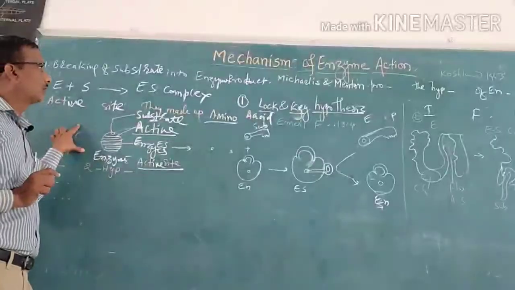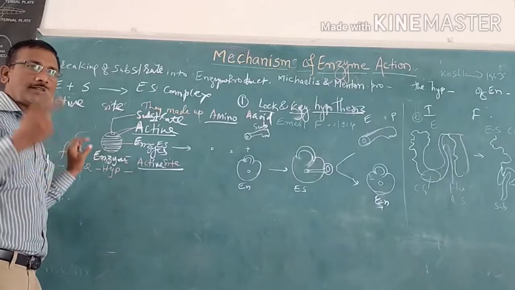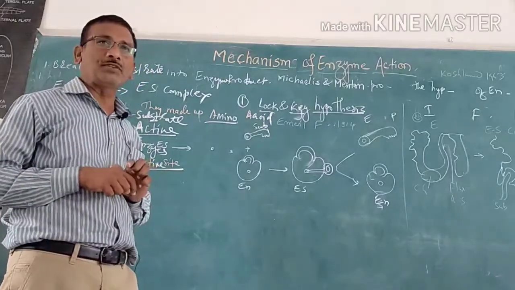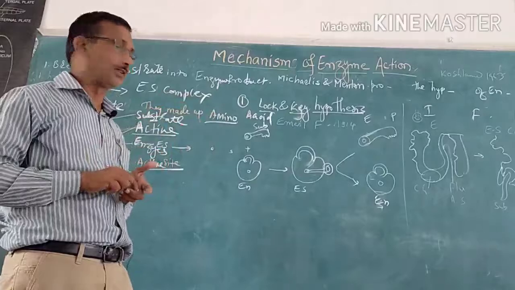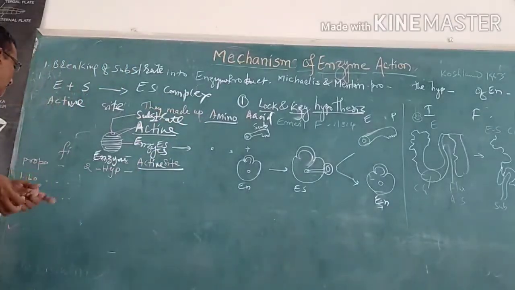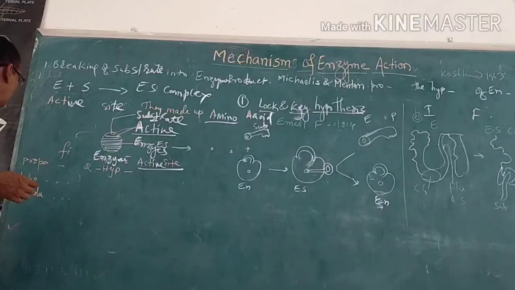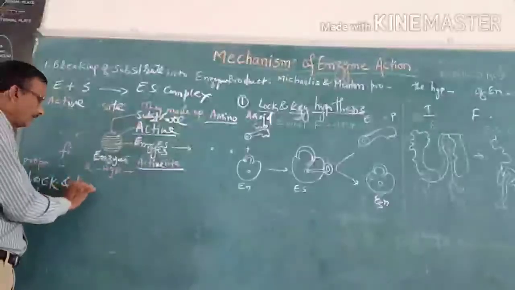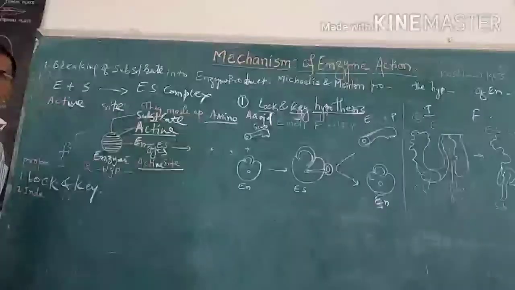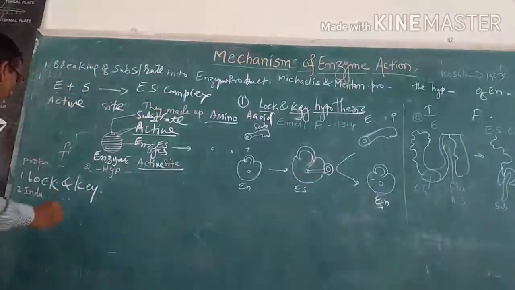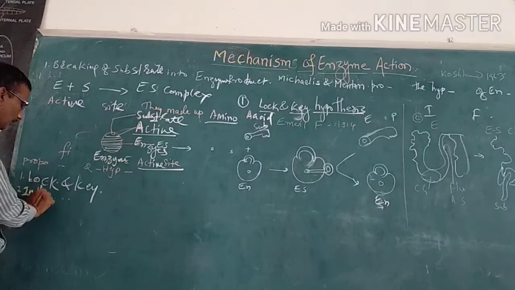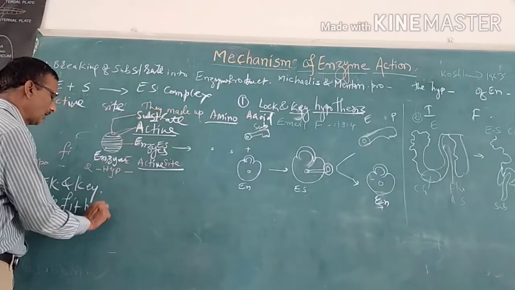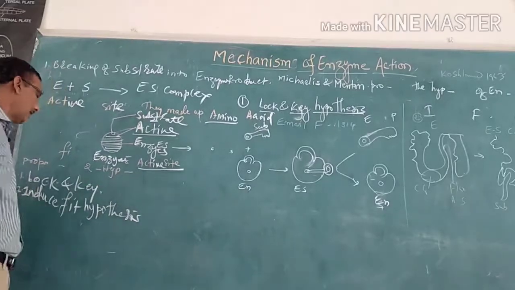The enzyme substrate complex is explained by two hypotheses, which are the enzyme action hypotheses. The first one is known as the lock and key hypothesis, and number two is the induced fit hypothesis.